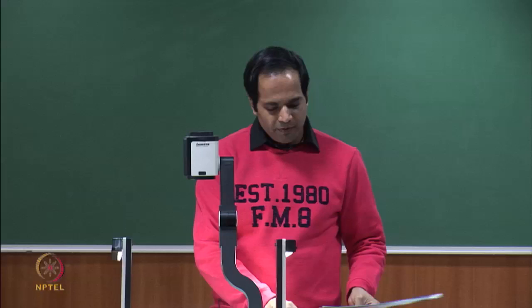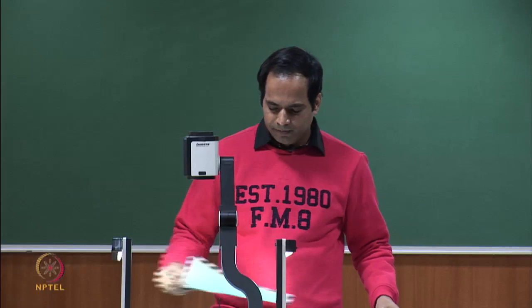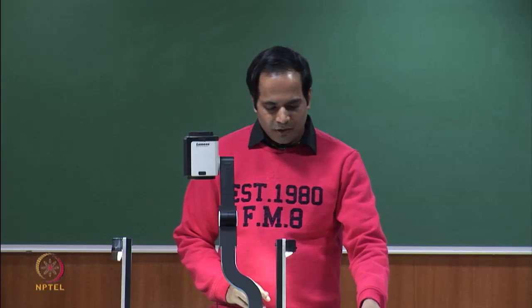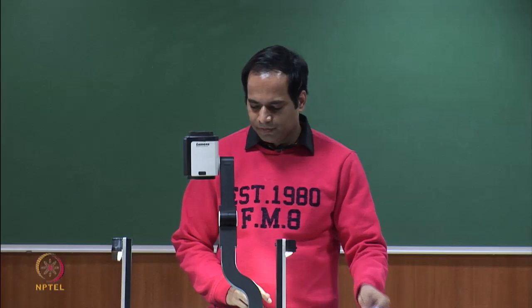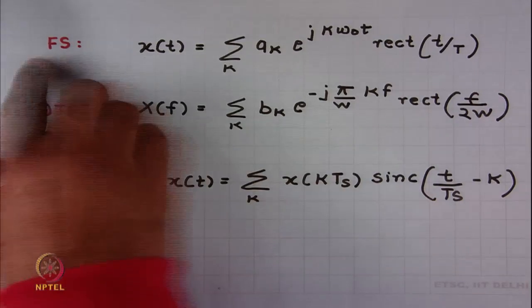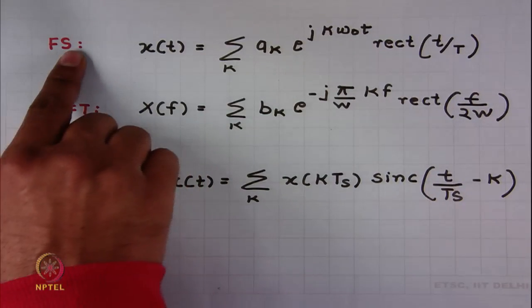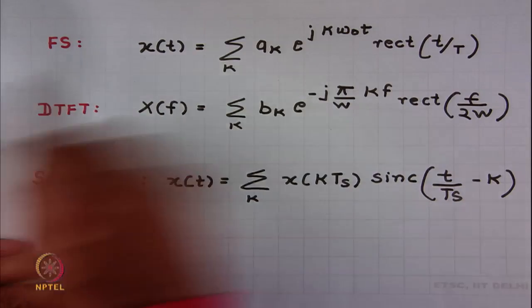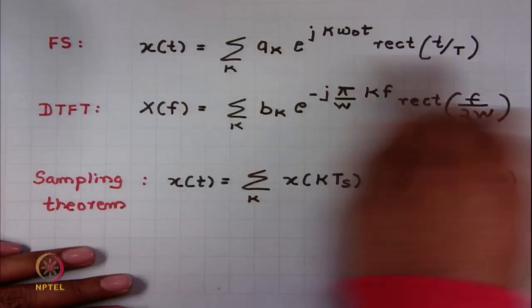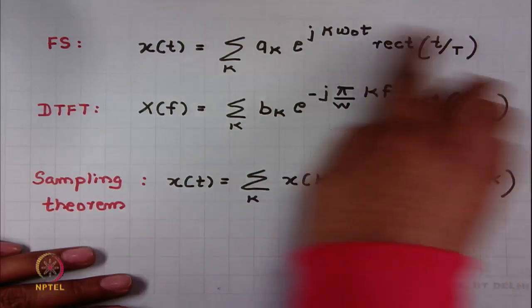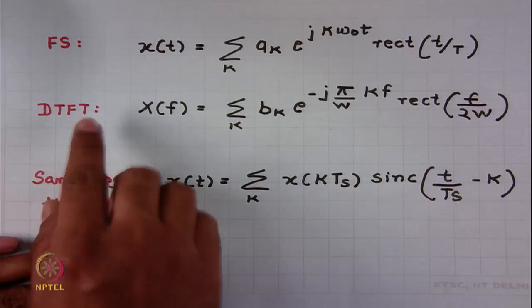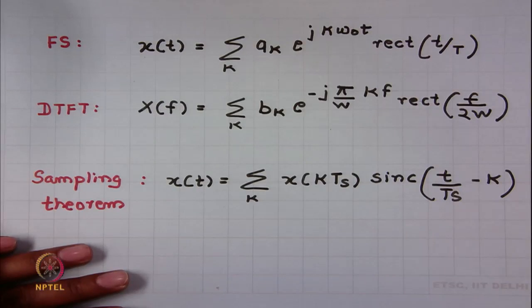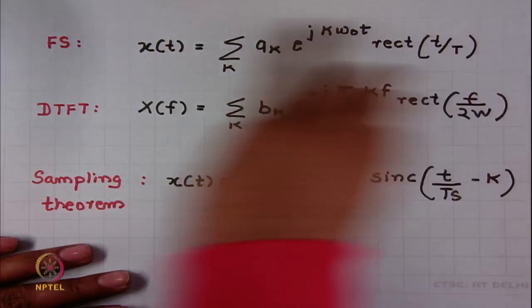So, let us revise what we have seen so far. First, we developed single sum orthogonal expansions. For example, we looked into Fourier series. In Fourier series, we expand a signal in terms of truncated sinusoids. Then we have the DTFT, which is the time frequency dual of the Fourier series.